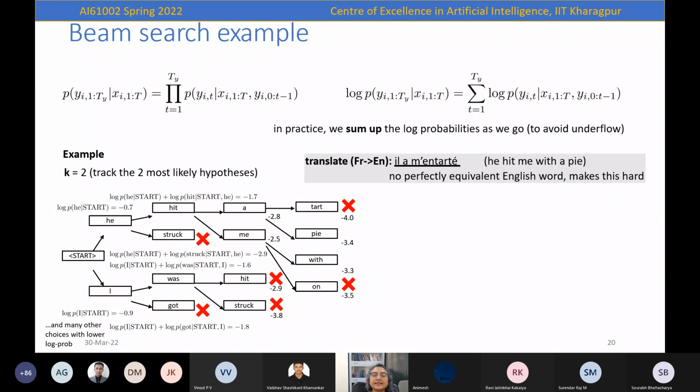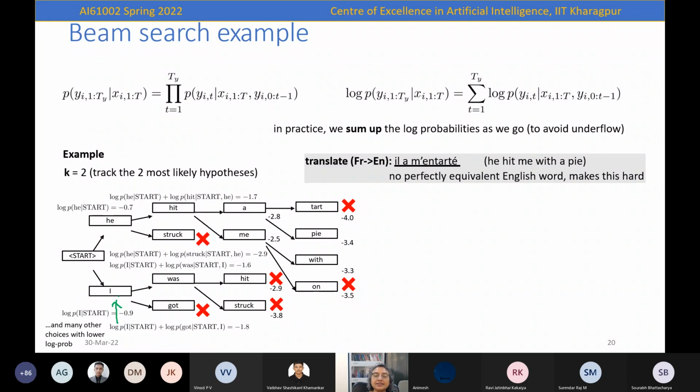So just to take an example, suppose in the decoder, in the first time step, you get the top two outputs as he and I. If you take he as the current word, then the next two possibilities are hit and struck. If you take I as the word, the next two words with the highest probability are was and got.